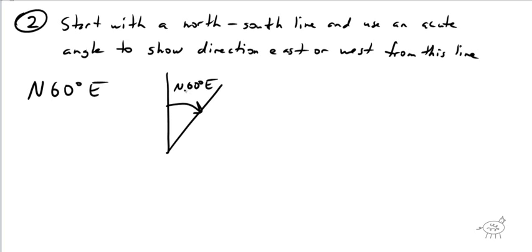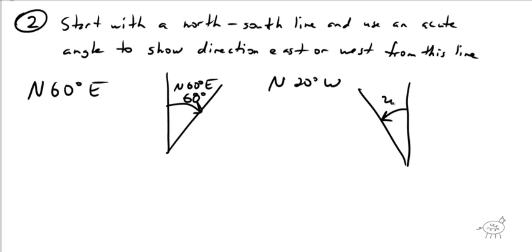Okay, so we just say it's a 60-degree angle here. If I said north 20 degrees west, again, here's my north line, but now I'm going to the left. I'm going west, going out to California. So that's 20 degrees. And then I can say south 40 degrees east.